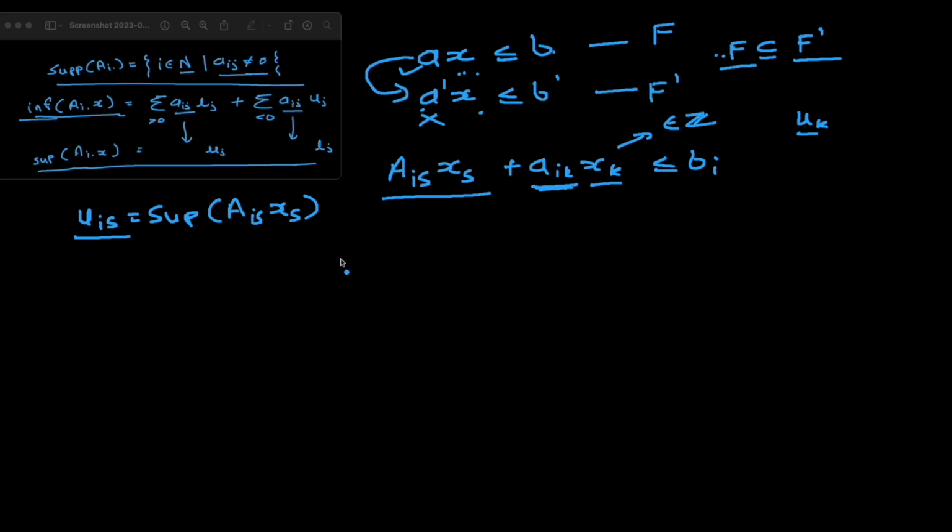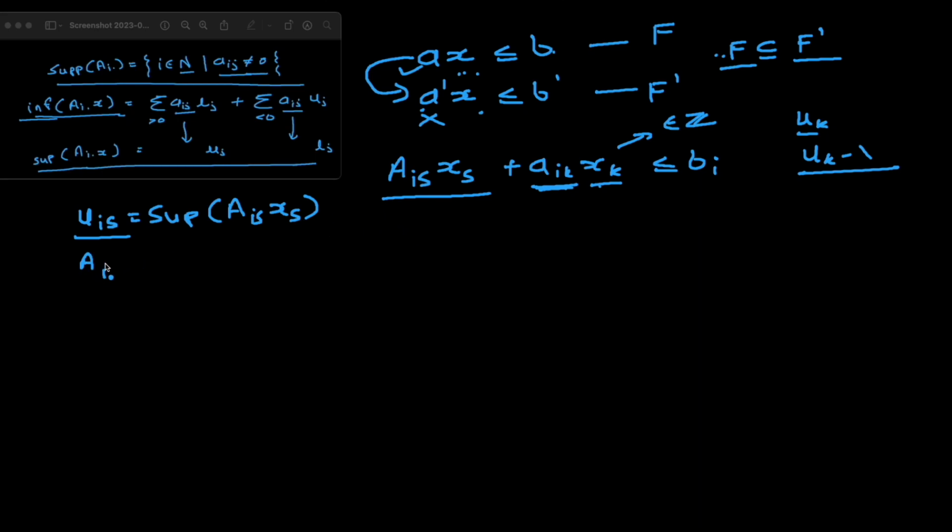And let's see what happens if this variable takes one value less than its upper bound, right? So let's focus on u_k minus 1. Let's say this variable x_k is taking the value u_k minus 1. Let's see what happens, right? So this part will be as it is.